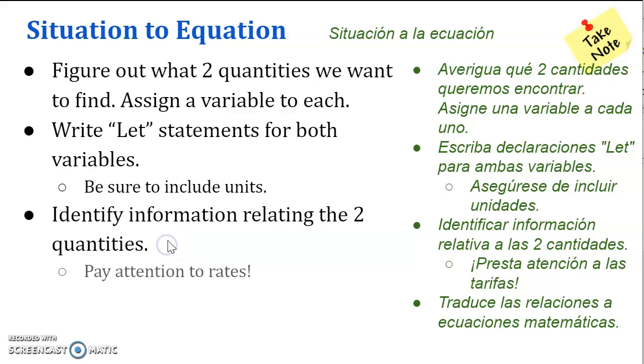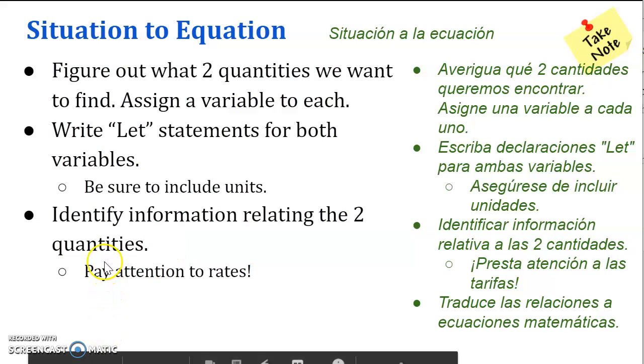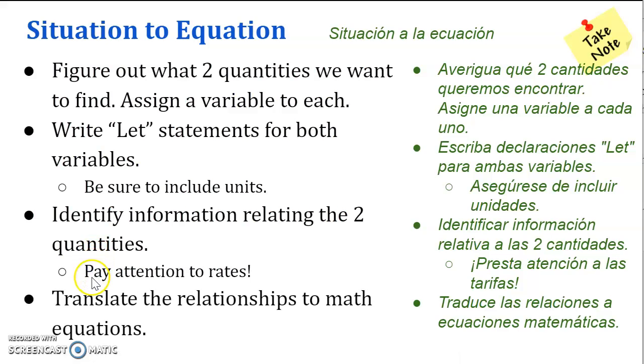That means you relate how the two quantities are related. So for example, remember, we had a total of 84 mangoes and fruits in the box.